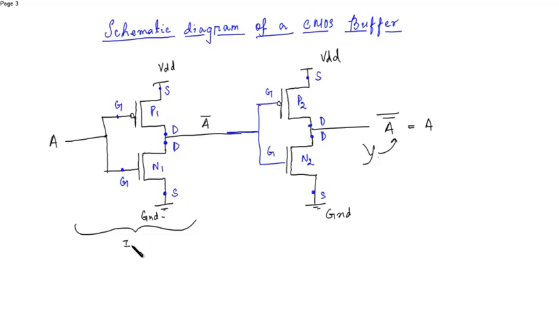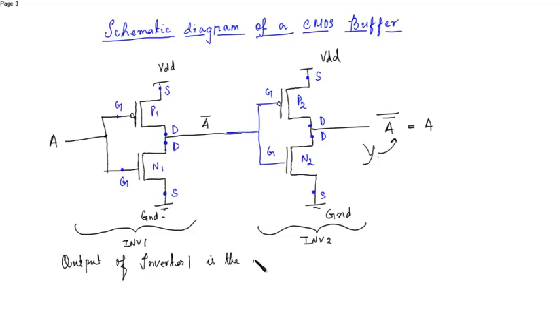So this is inverter 1, this is inverter 2. The output of inverter 1 is the input to inverter 2.